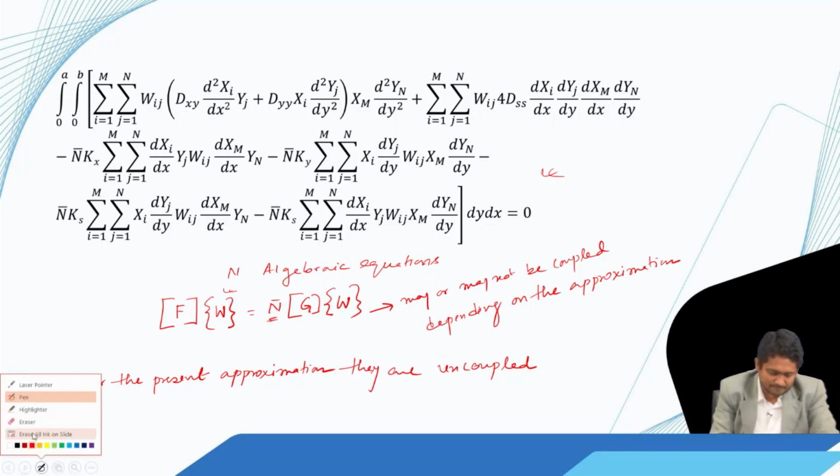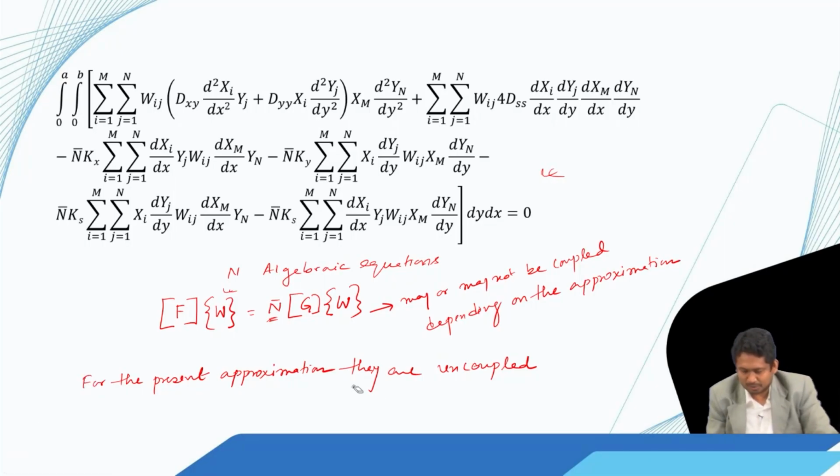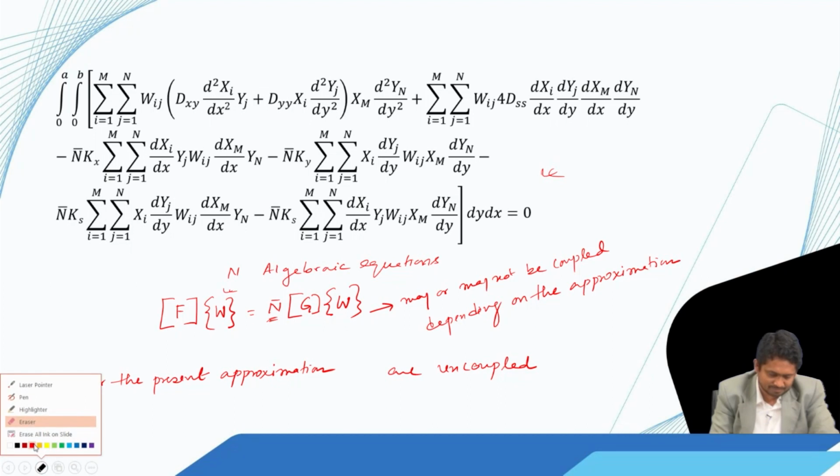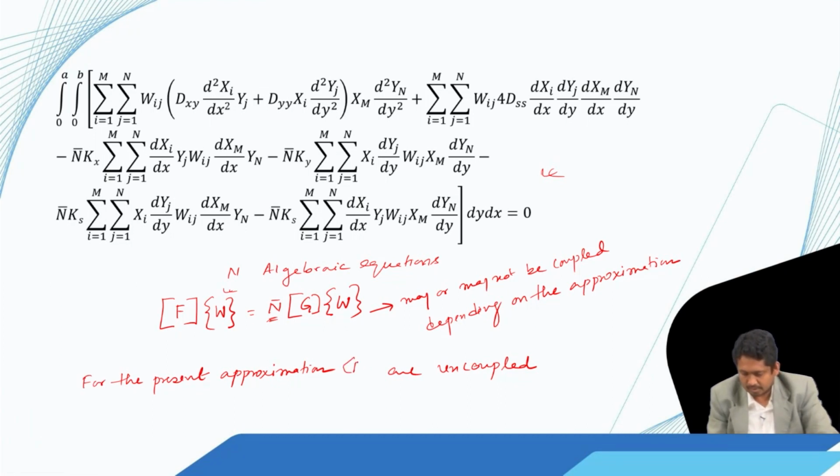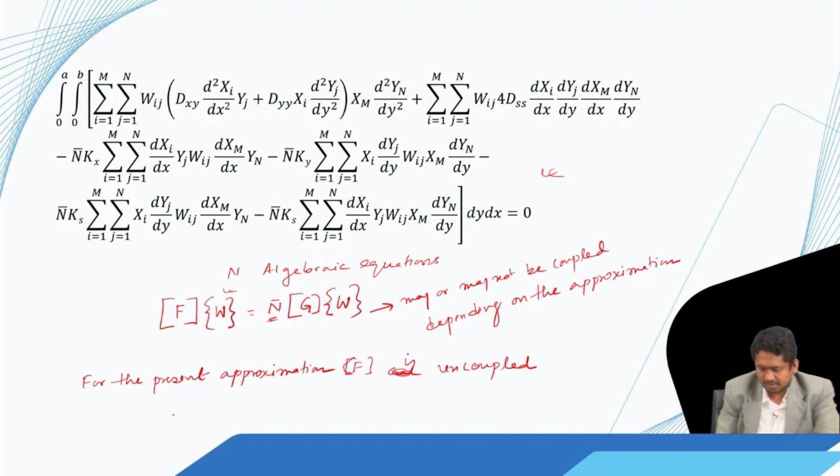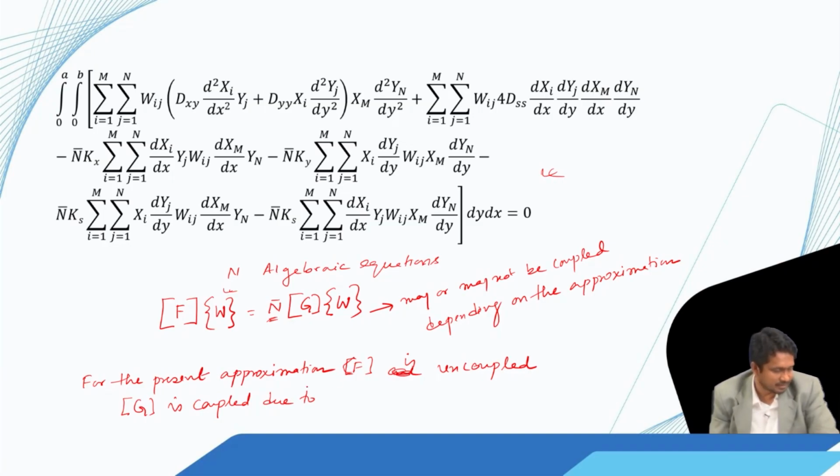And just one thing, for the present values not everything is uncoupled, only F is uncoupled, and G is coupled due to the presence of shear.